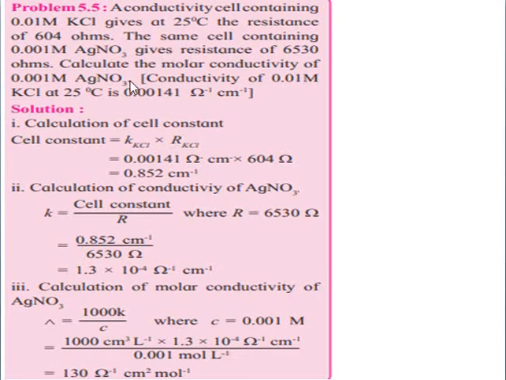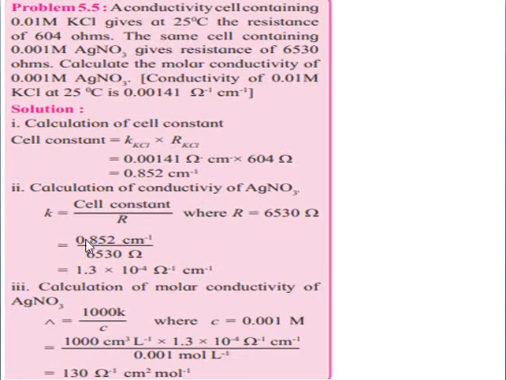The same cell containing 0.001 molar AgNO3 gives a resistance of 6530 ohms. Calculate the molar conductivity of 0.001 molar silver nitrate, AgNO3. The conductivity of 0.01 molar KCl at 25 degrees Celsius is 0.00141 ohm inverse centimeter inverse.